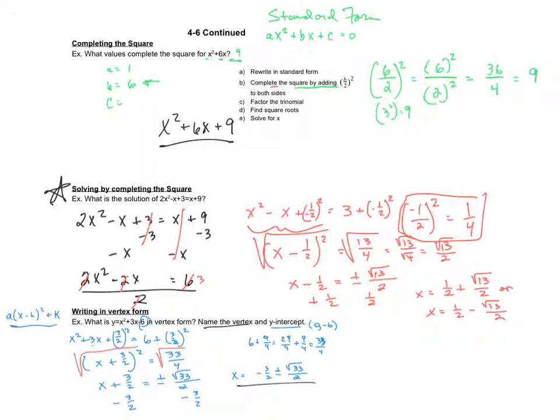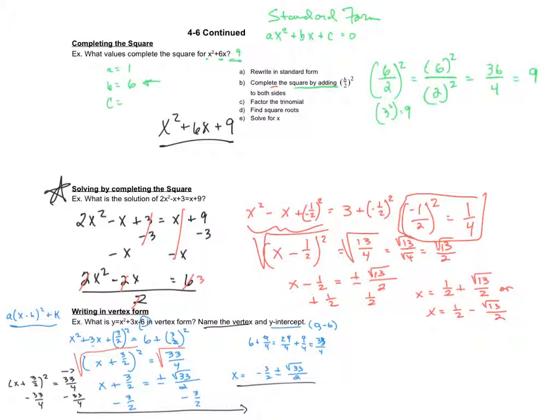All right, I found out what x is equal to, but it did say name the vertex. Well, if we go back to this point right here, I have x plus 3/2 squared equal to 33/4, and I'm going to go ahead and subtract that from both sides to get into the vertex form.